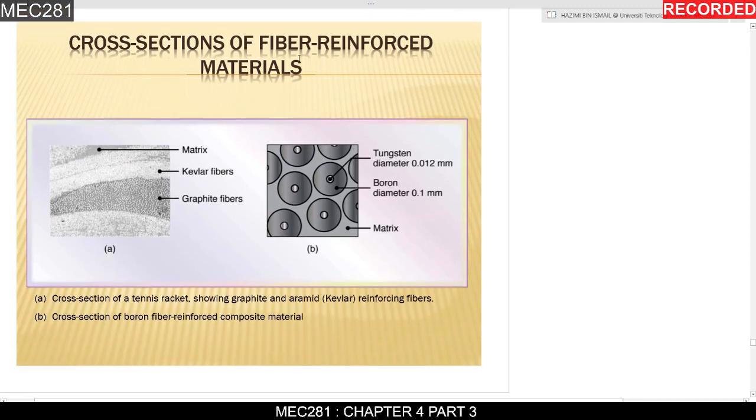cross section of fiber reinforced material. Okay, this is the matrix, the Kevlar fibers and graphite fibers. So in this case, it use two type of fibers, Kevlar and graphite, and one type of matrix. So if it is PMC, for sure the matrix must come from the polymer material.